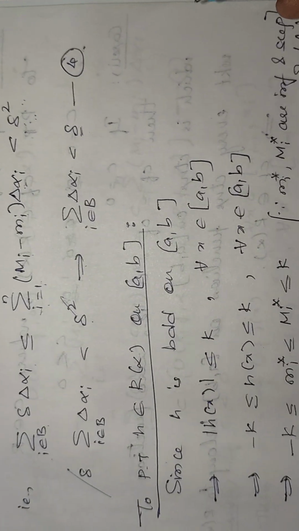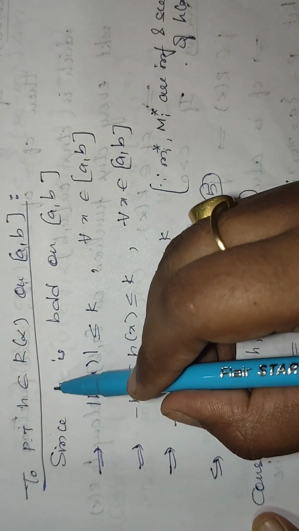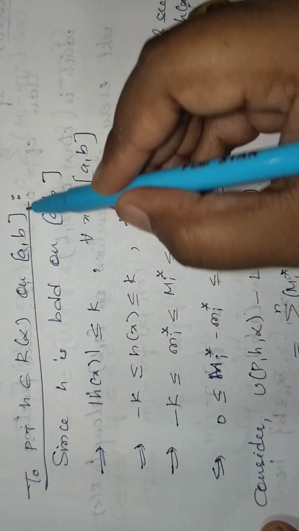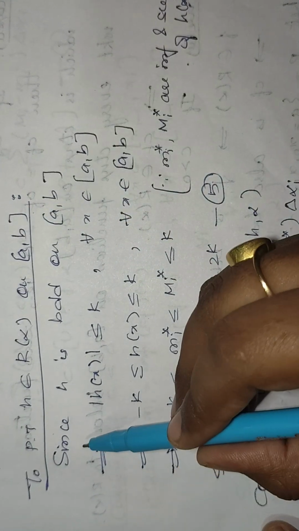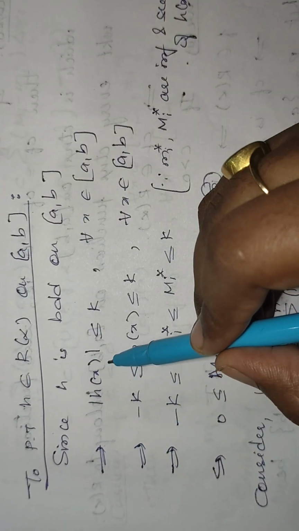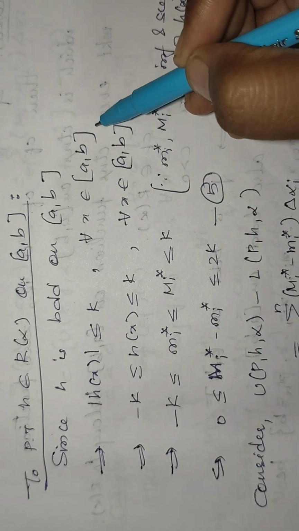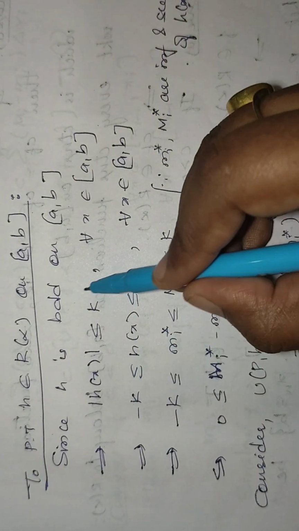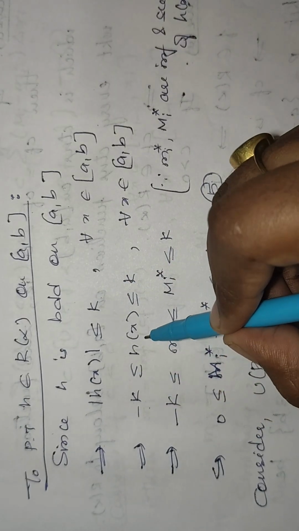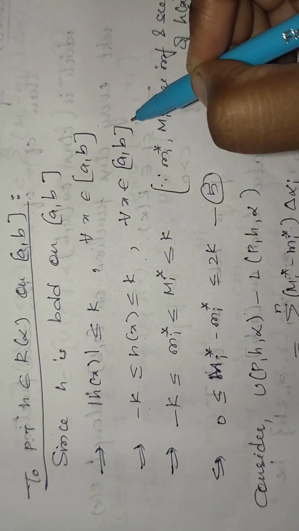So now to prove that h belongs to R of alpha on closed interval AB, we need to prove that now. Since h is bounded on closed interval AB, that implies mod h of x is less than or equal to k for all x belonging to closed interval AB. So mod h(x) less than or equal to k implies minus k less than or equal to h(x) less than or equal to k for all x belonging to closed interval AB.